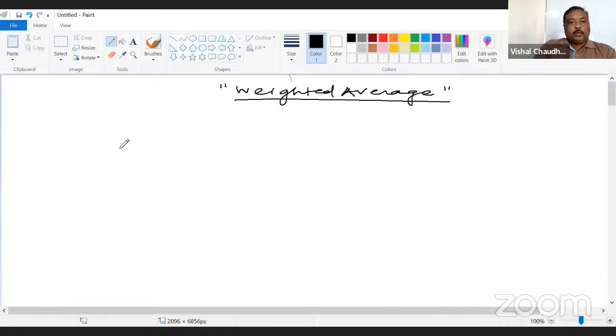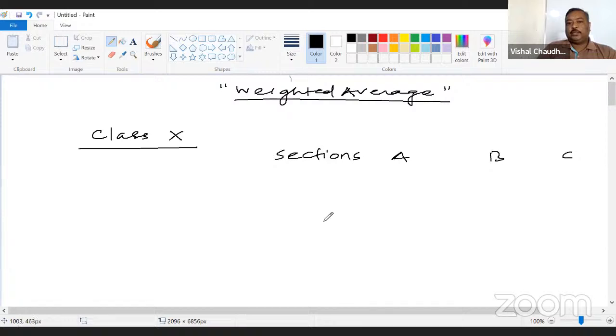Okay, look carefully. Suppose I have a class 10th in a school and there are sections: section A, section B, let's say section C. The number of students present is 50, 40 and 30 in sections A, B and C. And a maths test has been conducted.